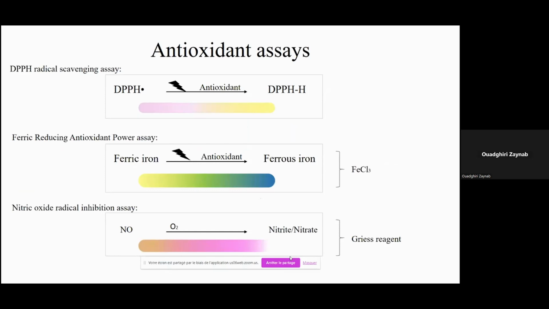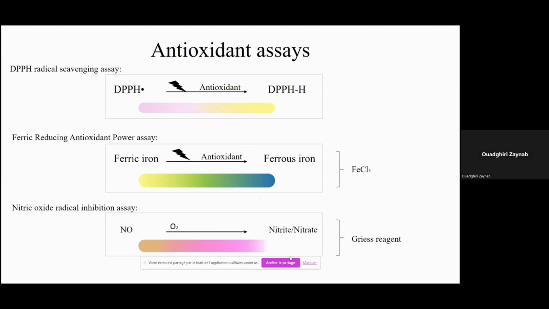A change in the color from purple to yellow indicated the reduction of DPPH radical into DPPH-H. Next, the ferric reducing antioxidant power assay, in which the presence of antioxidant in the extract reduced ferric iron into ferrous iron.